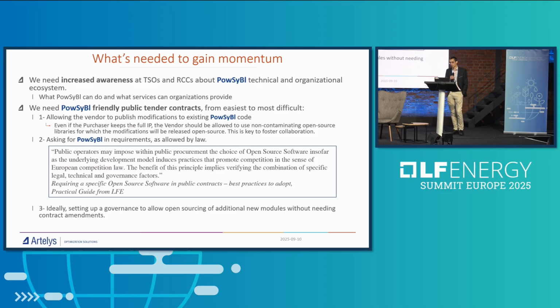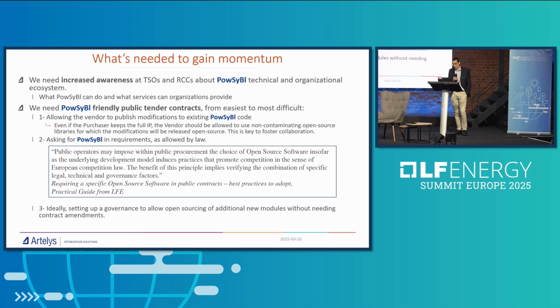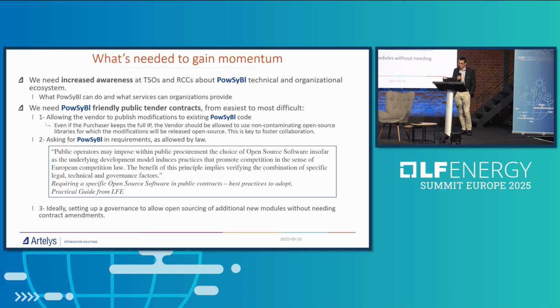It's going to be a hassle in terms of involvement of the legal department of the customers in order to be able to publish a new module, even if it would be beneficial to everybody, because this new module could be used by other customers to share the development and the support and maintenance burden.